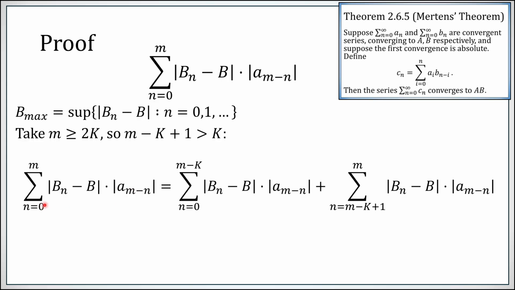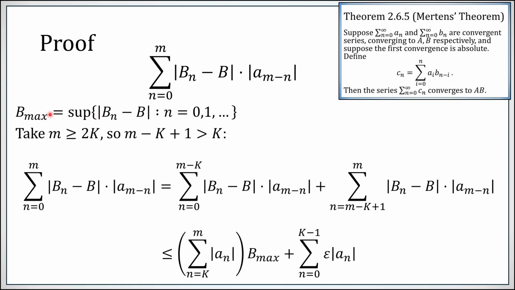Now let's take a look at this thing we needed to estimate. First, instead of summing from 0 to m, sum from 0 to m minus k, and then account for the rest of the terms here. Now, in the first term, I have this absolute value of b_n minus b, starting at index 0 and stopping at a certain point. Every single one of these is no larger than B max. So replace all of these with B max. Now look what you have here. That's just a constant, factor it out.